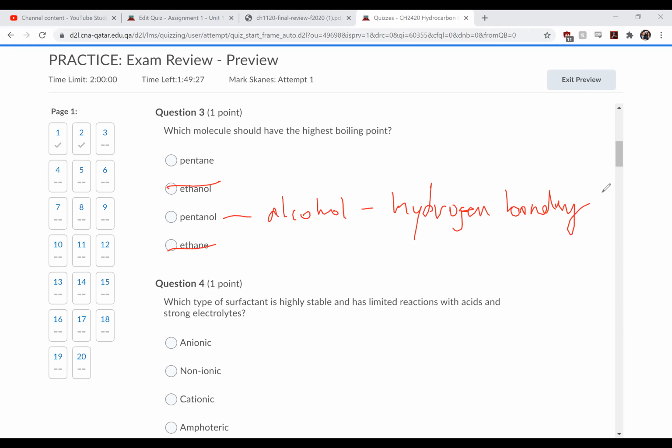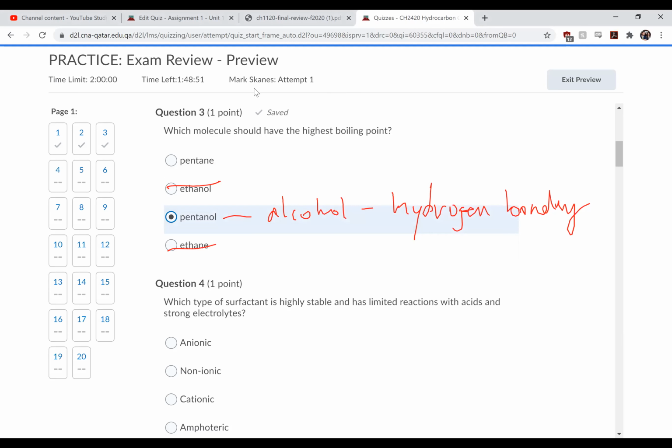But alcohols will always have a slightly higher boiling point than their analogous alkane, meaning the same number of carbons. So if I had hexane or hexanol, hexanol wins. If I had butane or butanol, butanol wins. Even ethane and ethanol, ethanol would have a higher boiling point. But in this case, the answer would be pentane or pentanol, and you just have to think, who wins, the alkane or the alcohol? And the alcohol wins, because of hydrogen bonding.